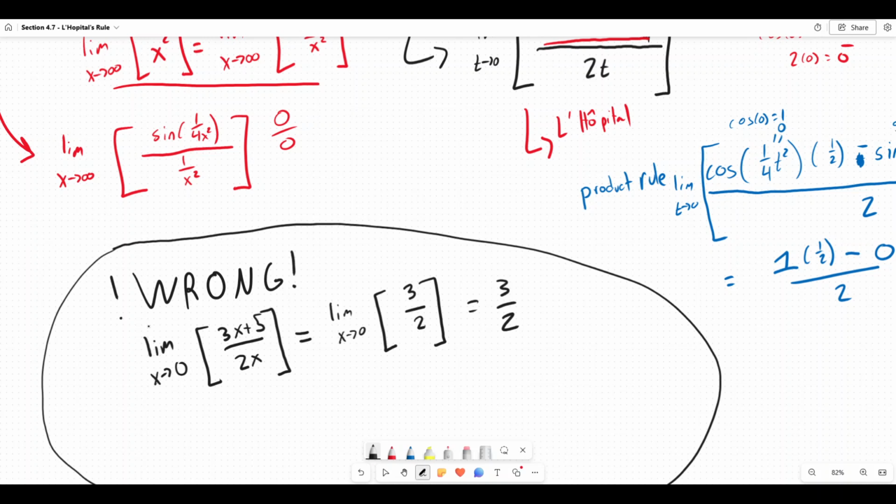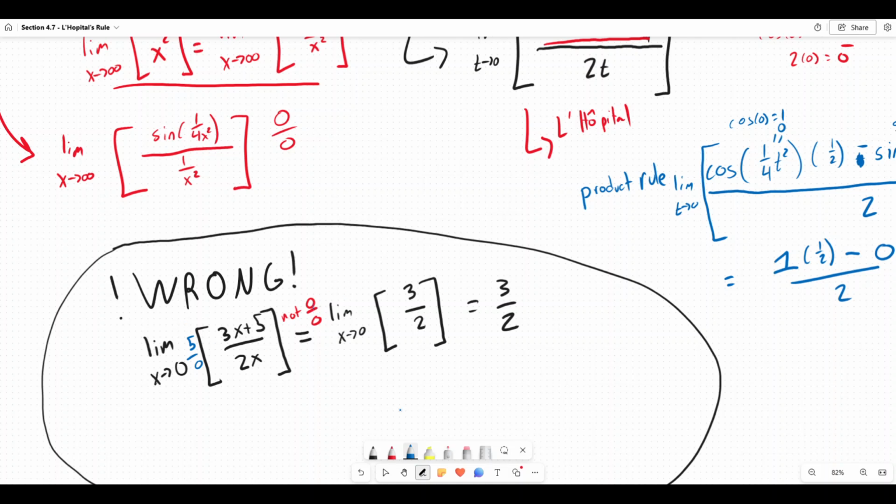But the problem with what you just did is that the first one doesn't start in L'Hopital's rule. If you take a look at 3x plus 5 divided by 2x, this is not 0 over 0. It's 5 over 0. And you cannot use L'Hopital's rule unless it is one of these strictly indeterminate forms of 0 over 0 or infinity over infinity. And specifically, they need to be the same.